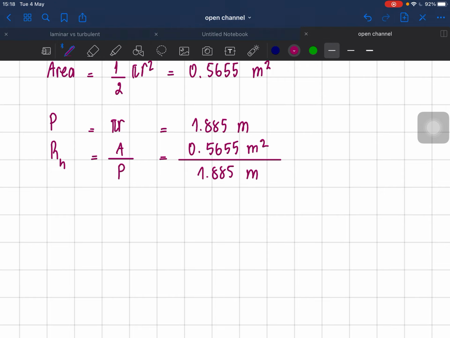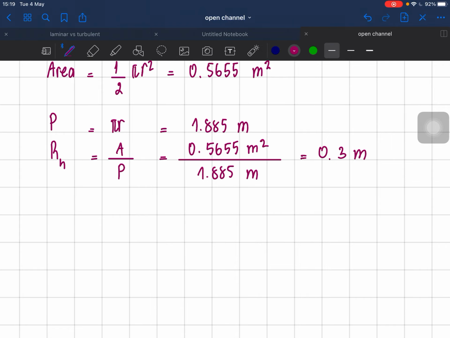But I'm just doing this to show you the things. So in the exam, you should substitute everything in the very final step of the calculation to avoid any missing numbers or digits. So we get the hydraulic radius, and then we can use it in Manning's equation.